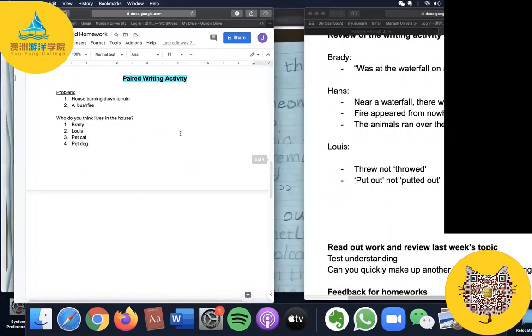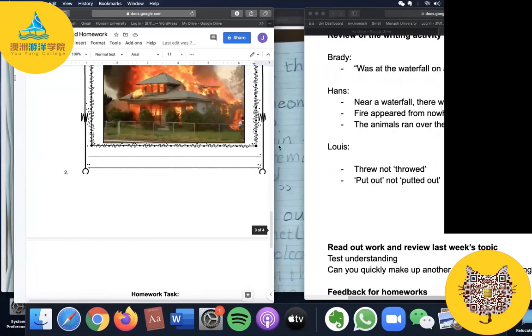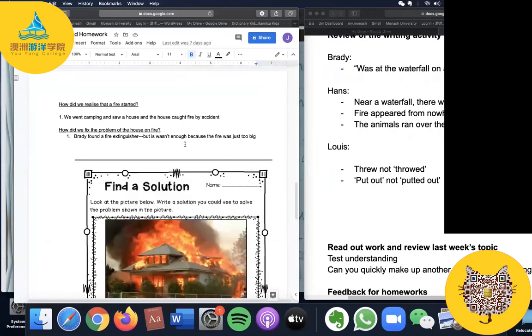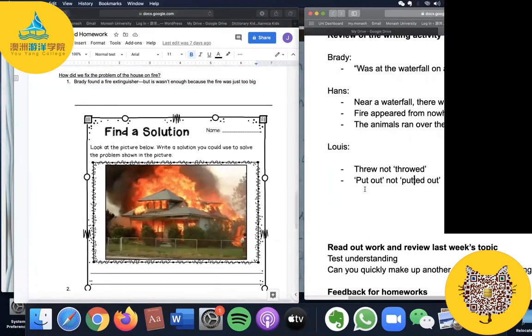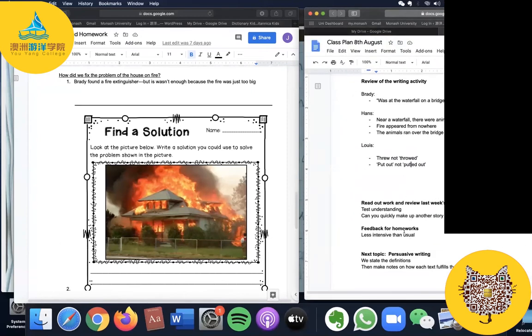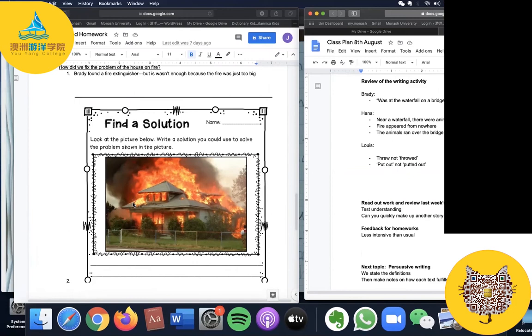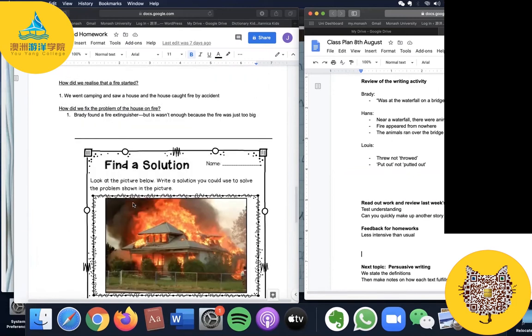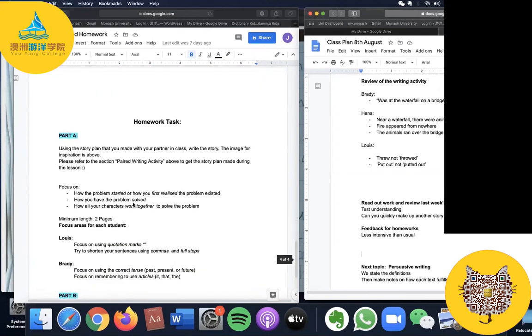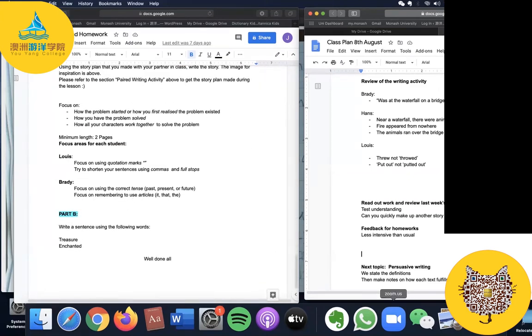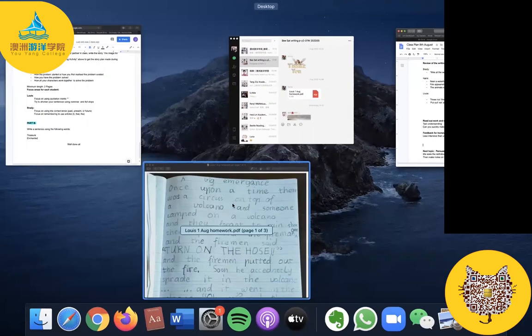Right, let's see what we did for homework. What was our homework, Brady and Lewis? Do we remember? Yeah. So, Hans, last week the boys had this as homework. They had to use this picture inspiration to write a story. All right, let's quickly give some feedback for that.